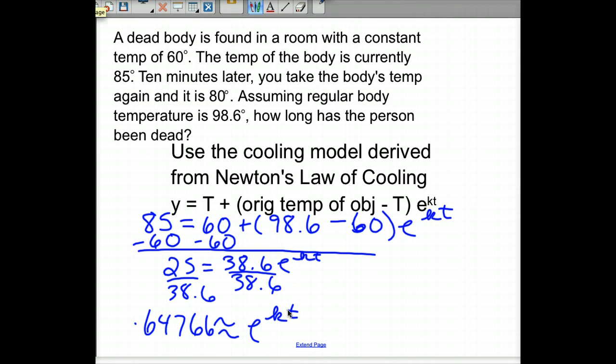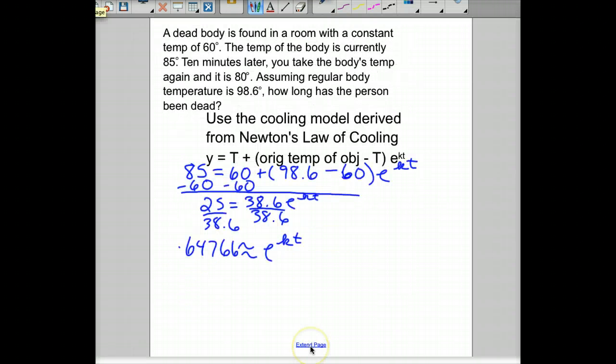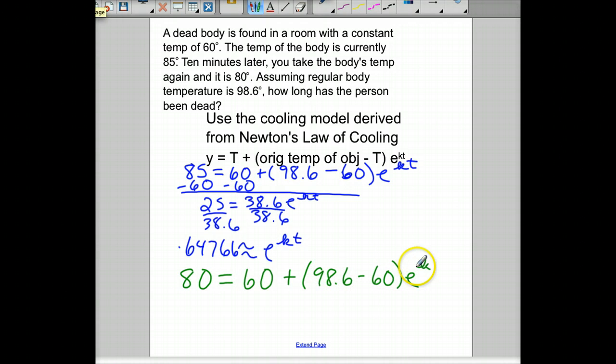We also know that we took the temperature 10 minutes later, and the temperature of the body was 80. The surrounding temperature is still a constant 60. The original temperature was 98.6. But t is no longer just time, it's time plus 10 more minutes.